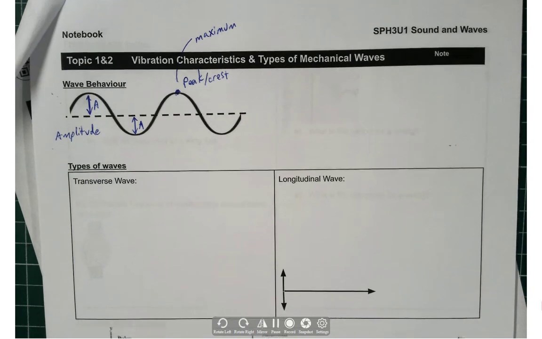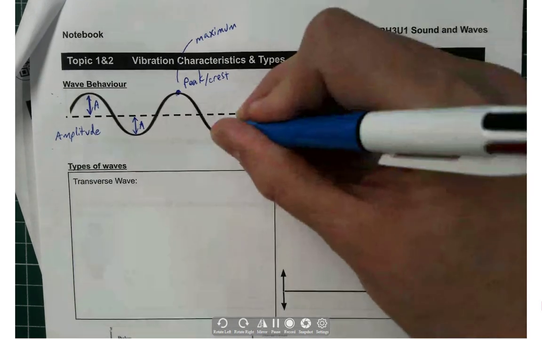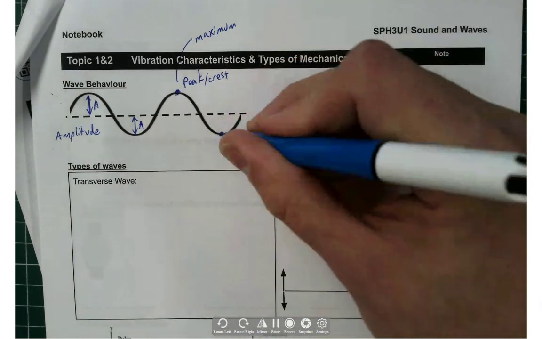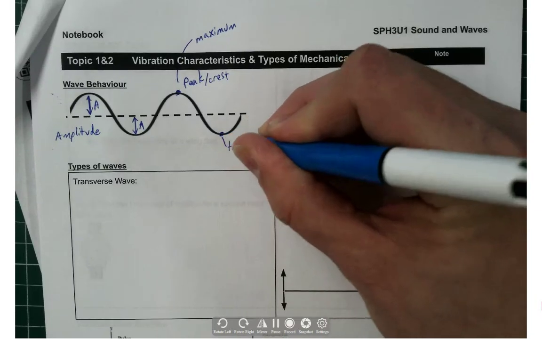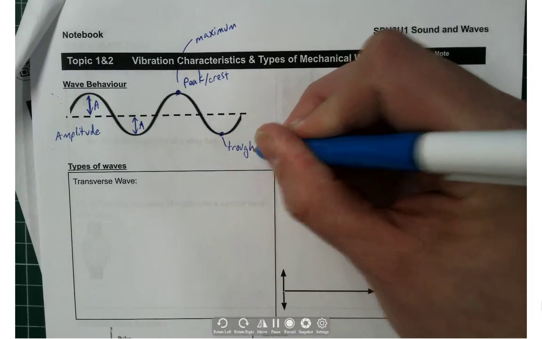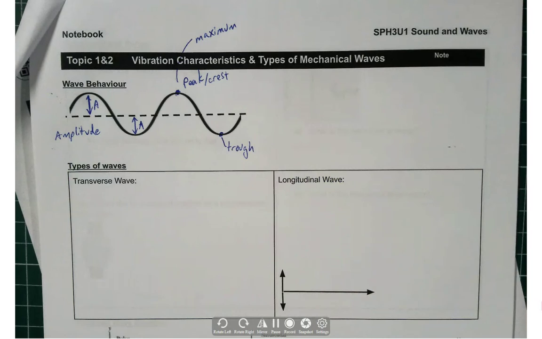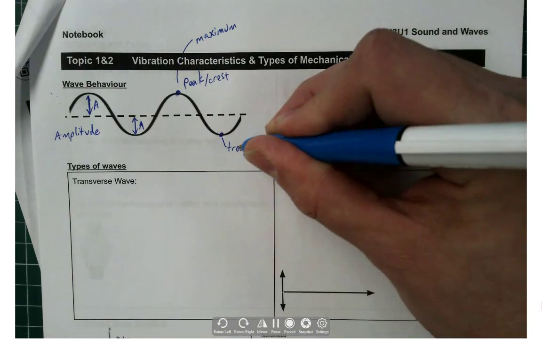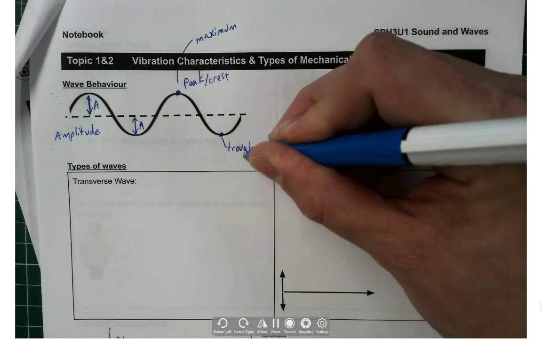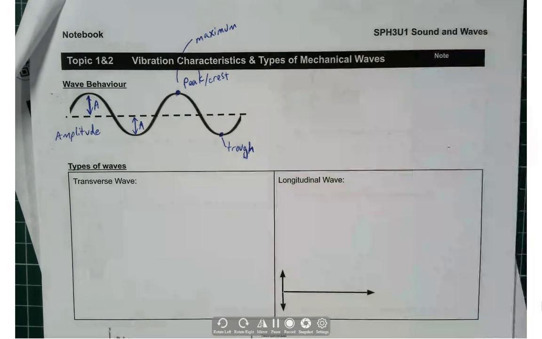When it's at its low point, those same people would call it a minimum, but I would call it a trough. Okay, a trough is a low point. And I believe our textbook does too, so that's why I'm leaning that way with the language. The maximum points and the minimum points on a wave: a trough, T-R-O-U-G-H, if you're working on the spelling there. So we've got a peak and a trough.